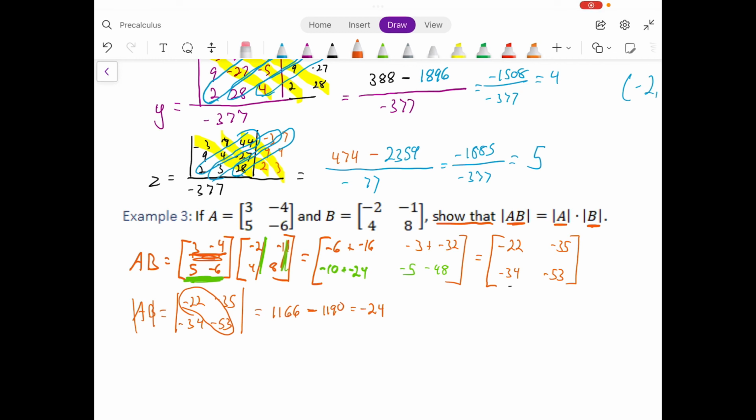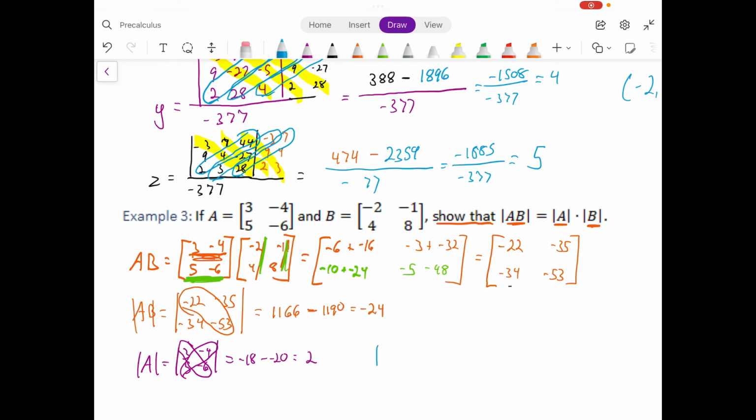Now we're going to find the determinant of A. So it's the determinant of 3, negative 4, 5, negative 6. That's negative 18 minus negative 20, which is 2.